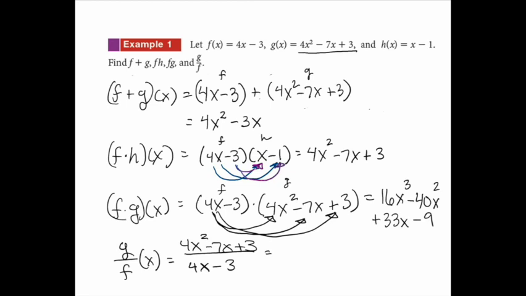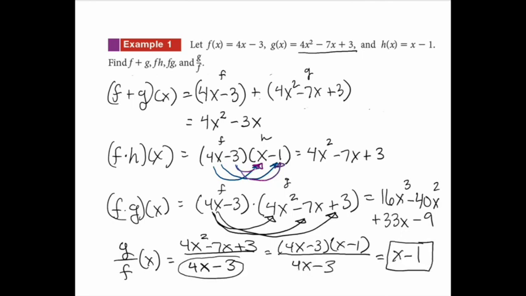I think factoring, for me personally, would be easier if it factors nicely, and in fact, this one does. If it doesn't factor nicely and you need to simplify it, then I would use the polynomial long division. So the 4x squared minus 7x plus 3 factors as 4x minus 3 times x minus 1, and then we're going to divide that by 4x minus 3. So when we simplify g over f of x, we get x minus 1.